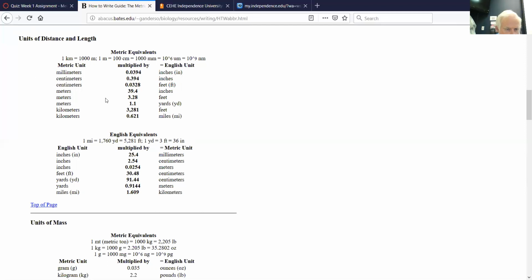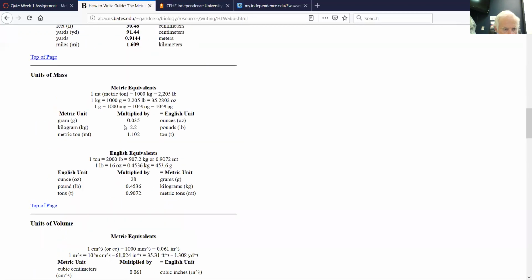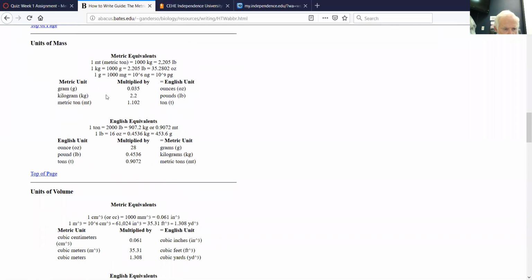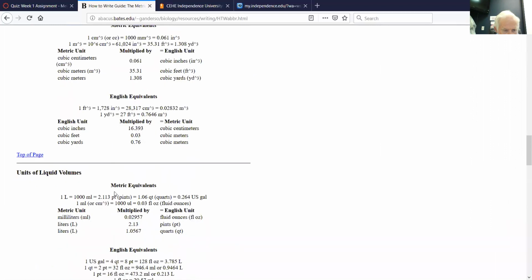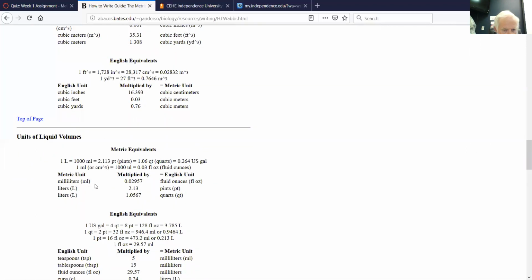A cube 1 centimeter on a side is called a cubic centimeter. Well, it is a milliliter. If we look down here at volume measures, that's a milliliter. A cubic centimeter and a milliliter are the same thing. They're the same volume.